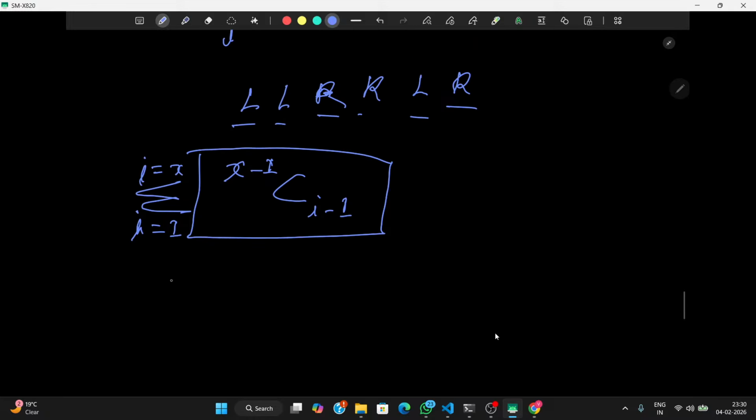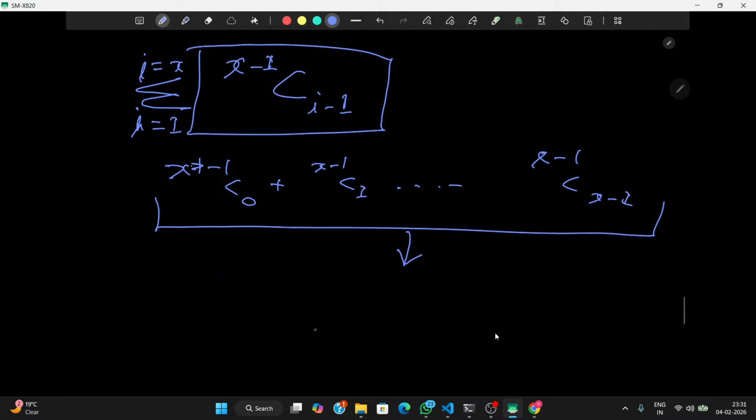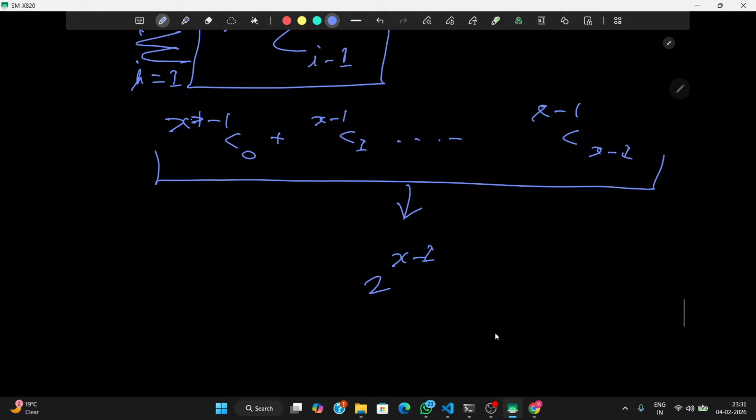Now what does this look like? (x minus 1) C 0 plus (x minus 1) C 1 up to (x minus 1) C (x minus 1), when we put i equal to x here. Now this summation is actually 2 to the power (x minus 1): nC0 plus nC1 up to nCn is 2 to the power n, right? This is a property of nCr.